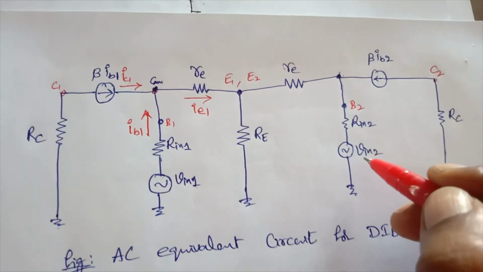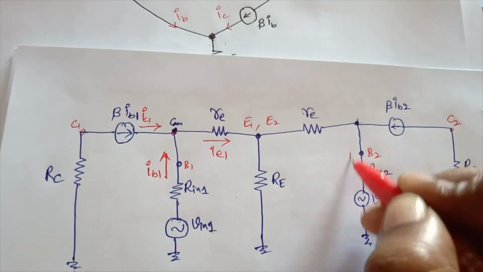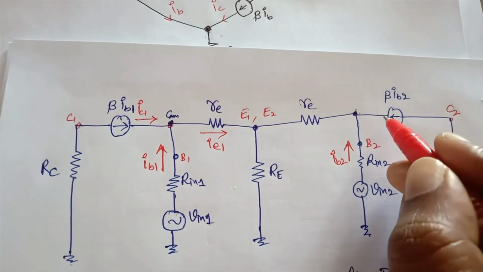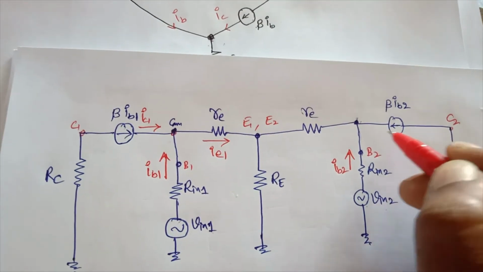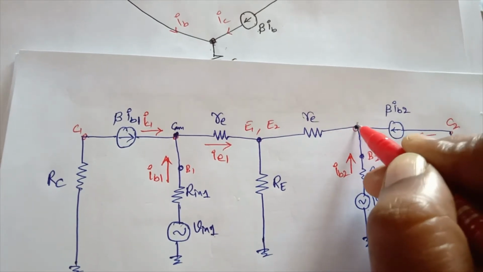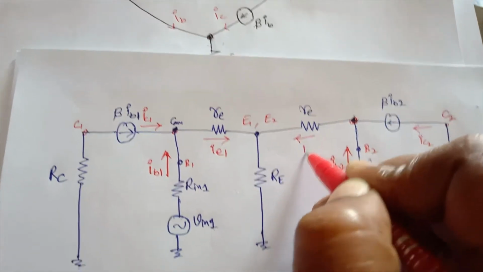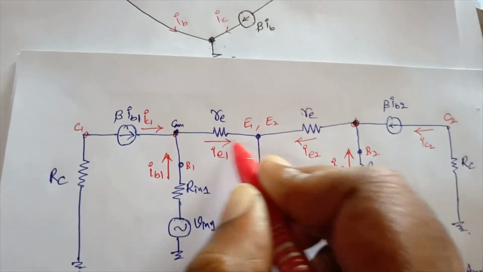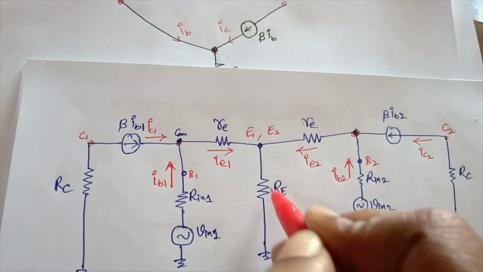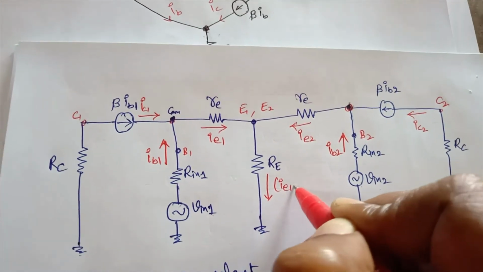In the same way, due to source Vin2, we get the base current IB2. Next, here we have the current source. This current source is IC2, and these two combine at this junction, and the current flowing in the emitter terminal is IE2. Now IE1 and IE2 combine here. These currents flow through RE. This is IE1 plus IE2.